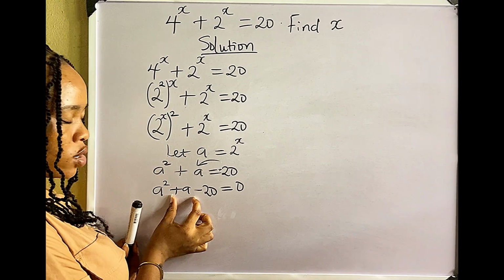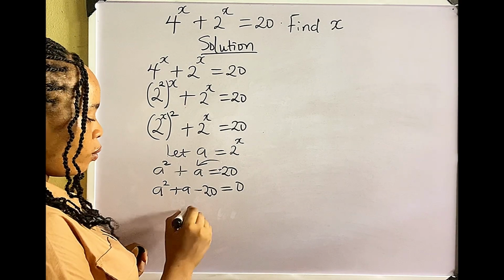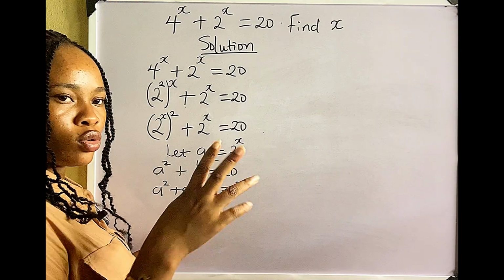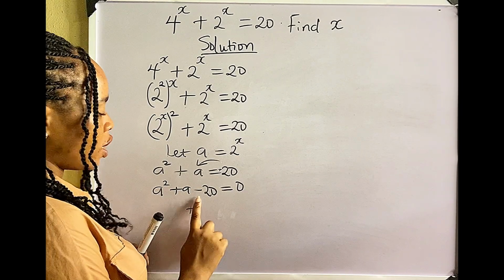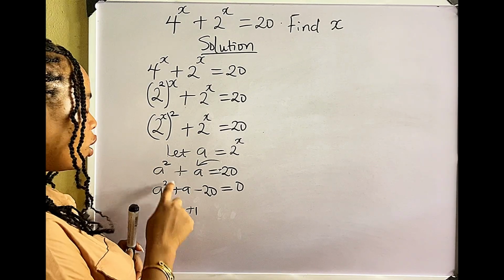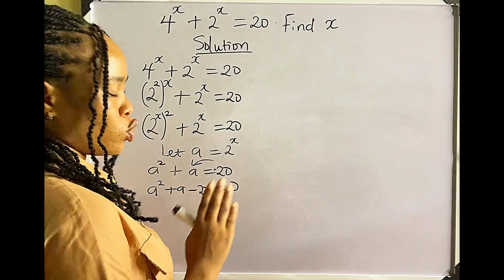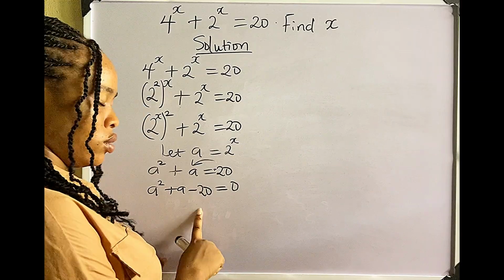The second term here is plus a, and the coefficient of a here is plus 1. So in this case, we are going to look for 2 numbers that when we multiply them together, give us minus 20, and when we add or subtract them together, give us plus 1. What are the 2 factors of minus 20 that when we multiply them, give us minus 20?